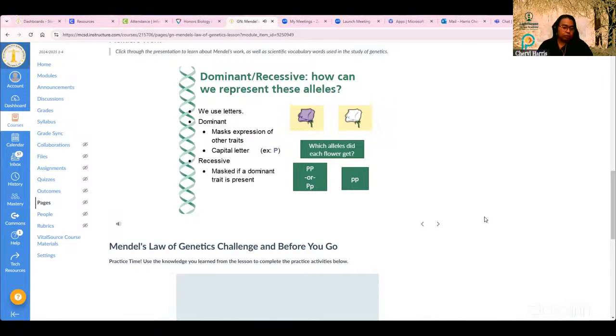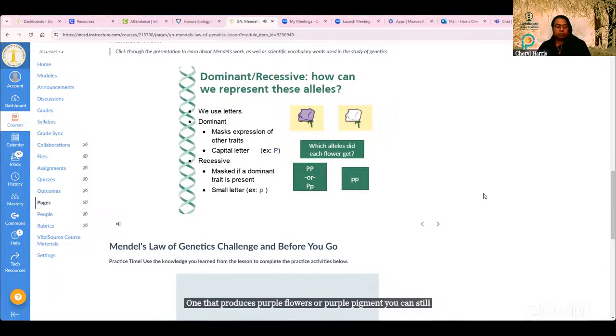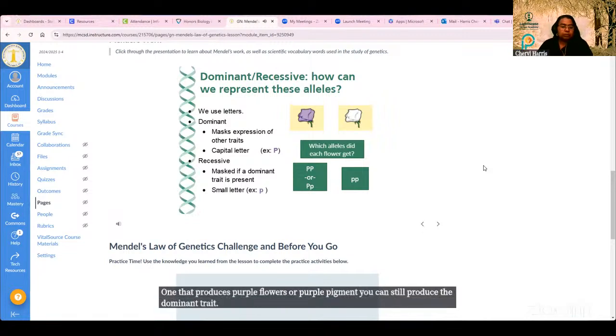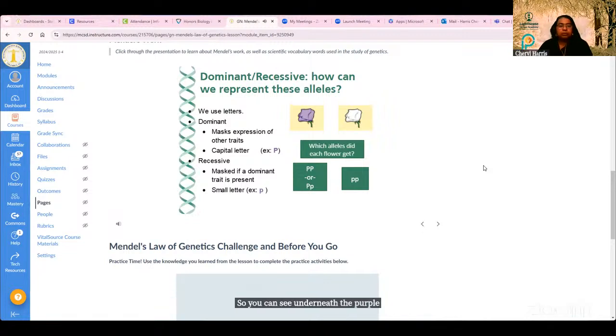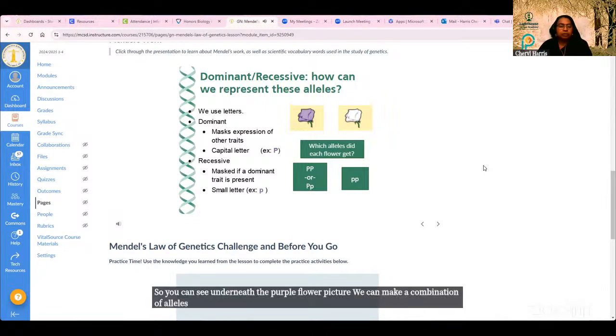If you have at least one copy of a gene that works, or a dominant trait, one that produces purple flowers or purple pigment, you can still produce the dominant trait. So you can see underneath the purple flower picture, we can make a combination of alleles that have at least one, but possibly two capital letters.